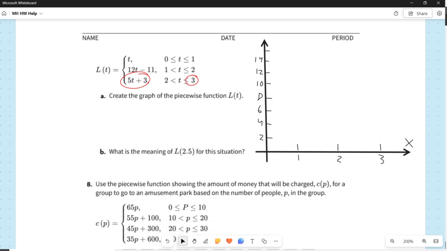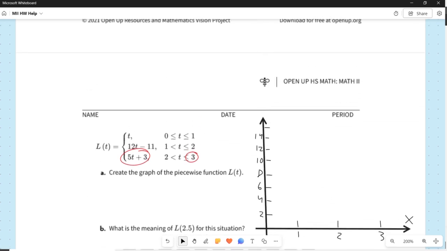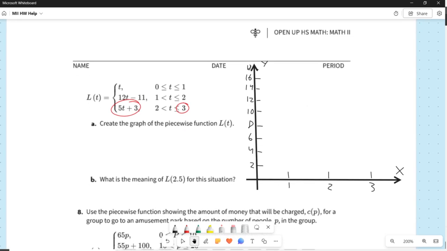Actually, I can always just extend this line. There we go. Okay. All right. And 14 and 16 and then 18 will go right there. And this is my y-axis. All right. So these are my coordinate axes.